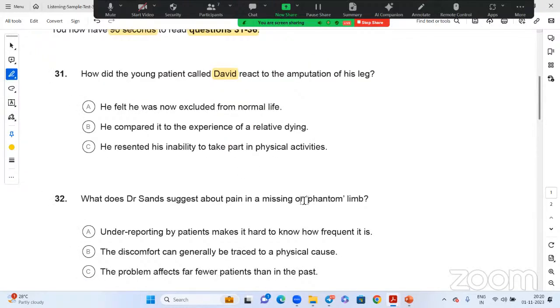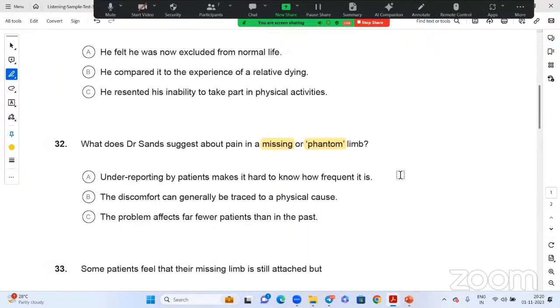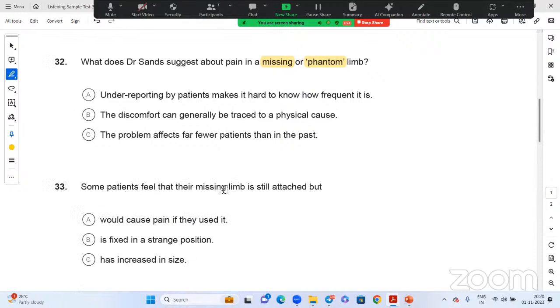And here is missing, or we call it phantom limb. Right. And this is missing limb, still attached.